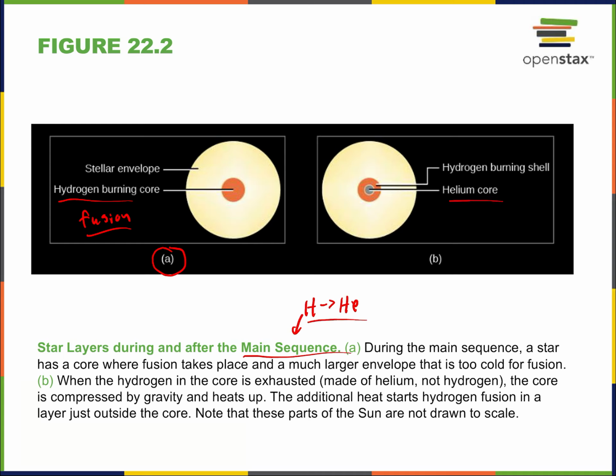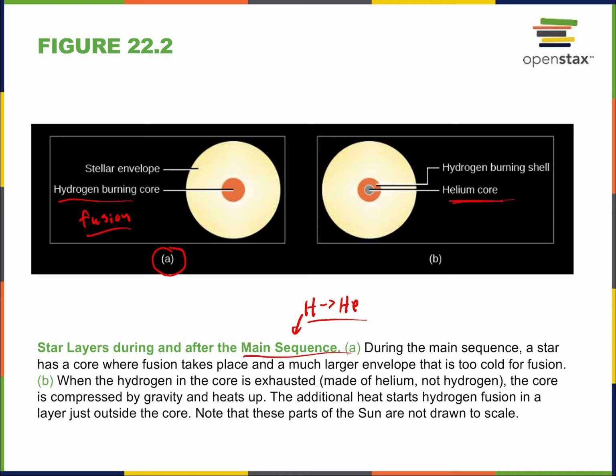Then that helium core starts to collapse under the influence of gravity, because the only thing that was keeping it from collapsing in the first place was the outward pressure caused by fusion. With fusion petering out, not being as energetic as before because there's not as much fuel, gravity takes over again.